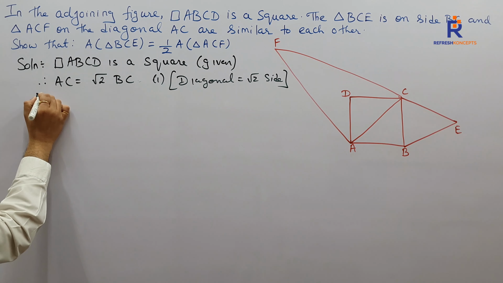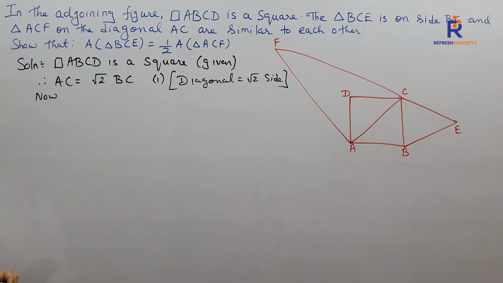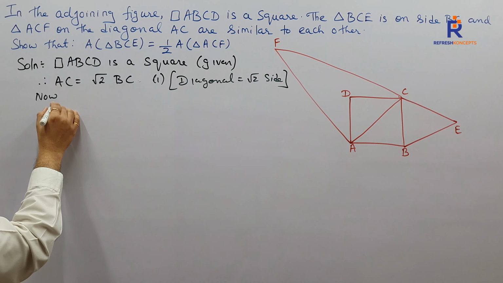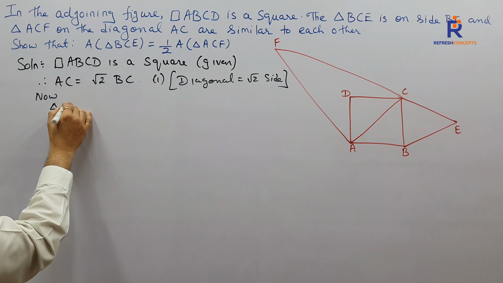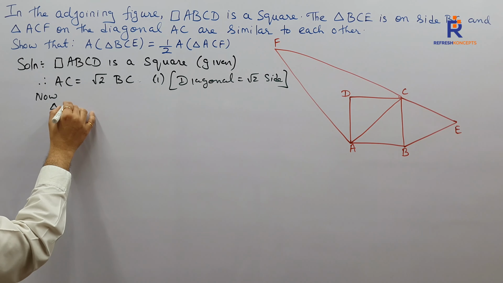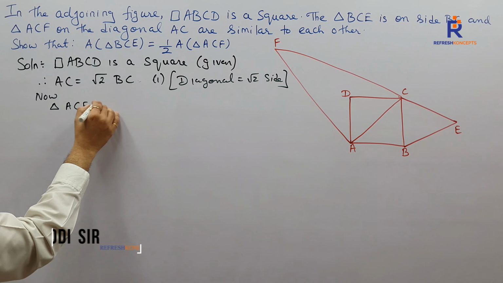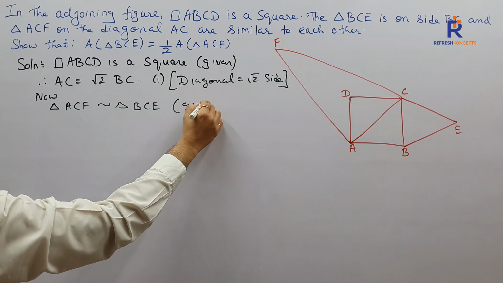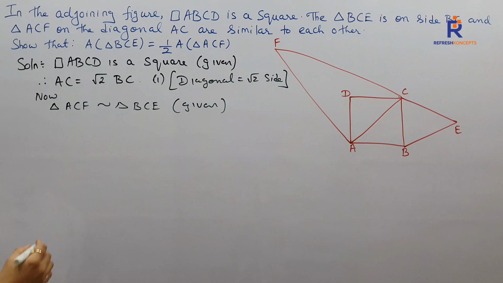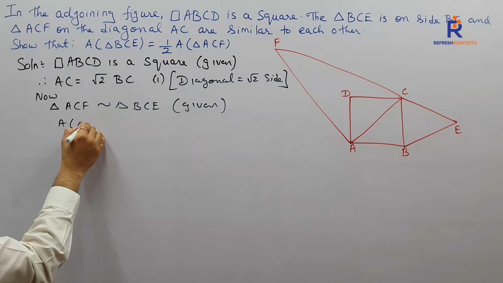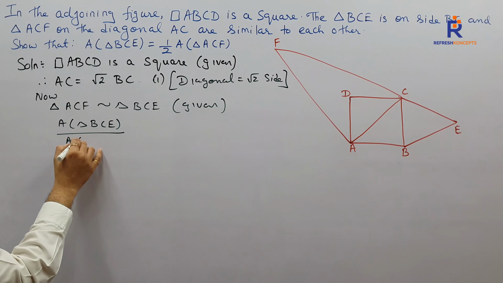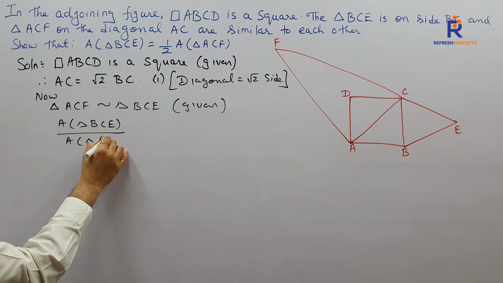Now, what is the next step? Are the two triangles similar? Since triangle ACF is similar to triangle BCE, this is also given to us. So can I apply area of triangle BCE upon area of triangle ACF?